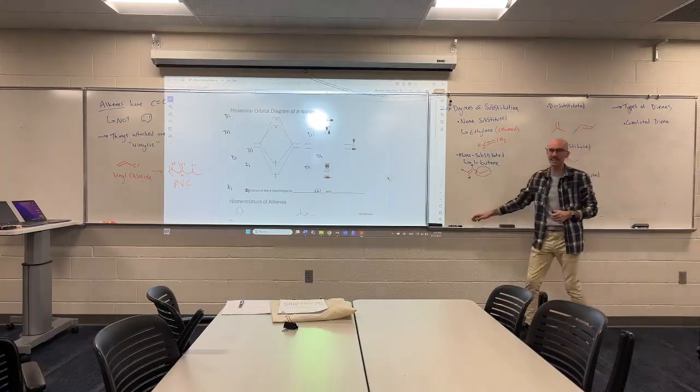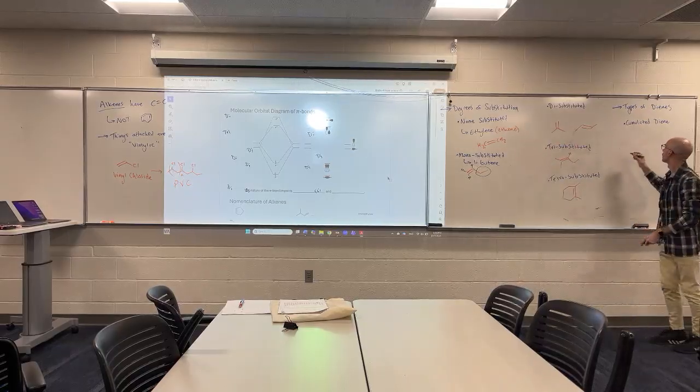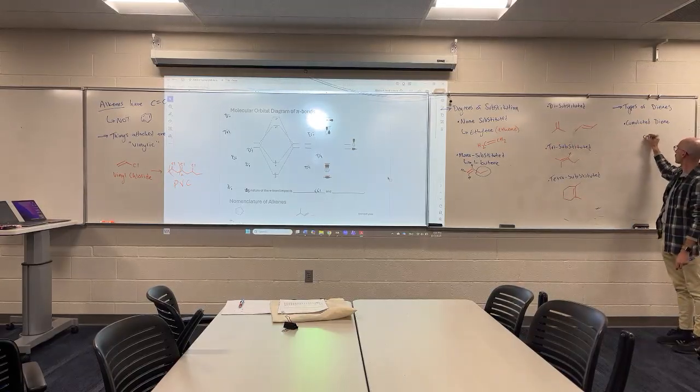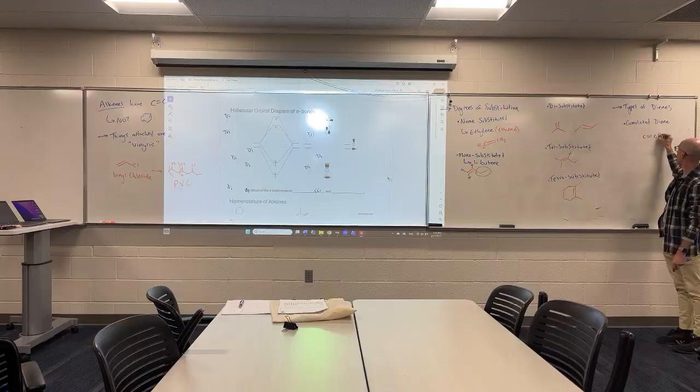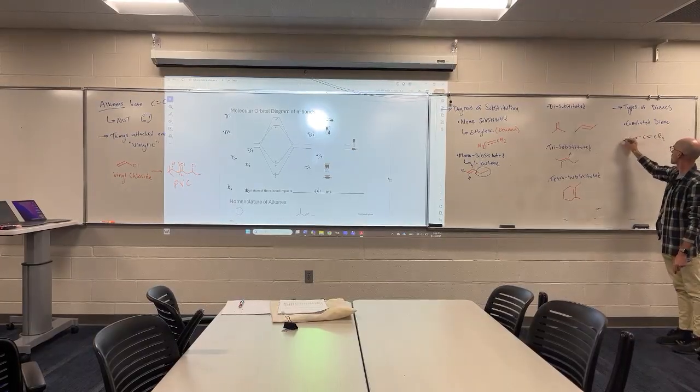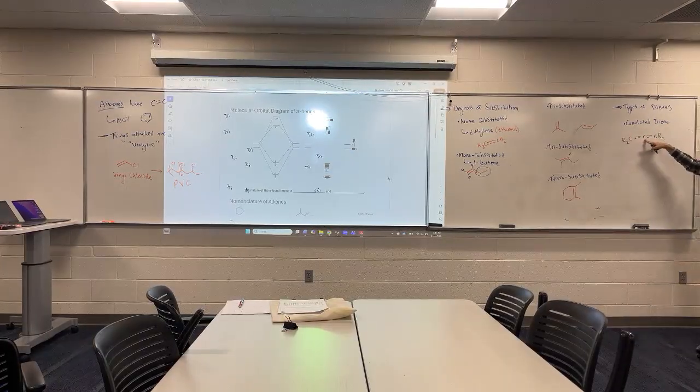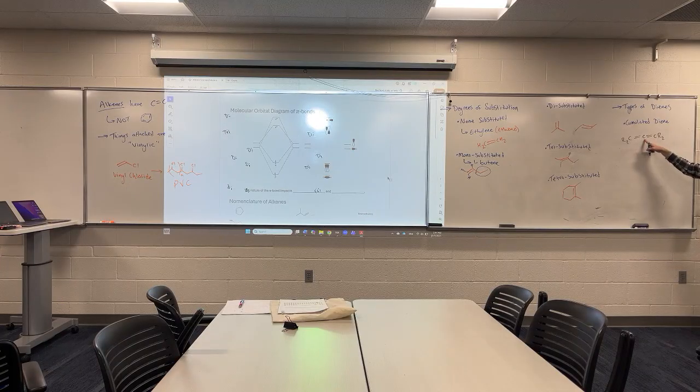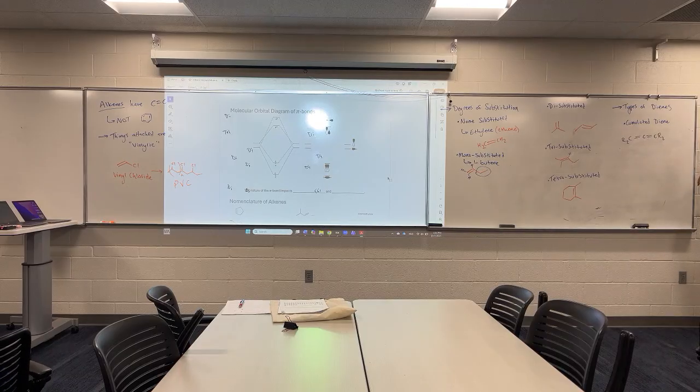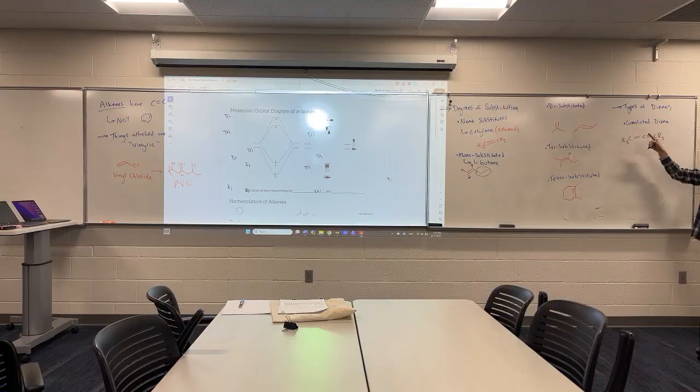A cumulated diene is one where 2 alkenes come together at a single point. One carbon that is a part of 2 different alkenes. It's a very strange functional group. The pi bonds in either direction are perpendicular to each other, which means they don't have any resonance with each other.